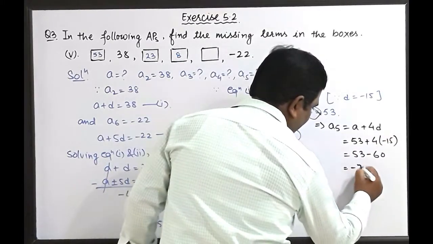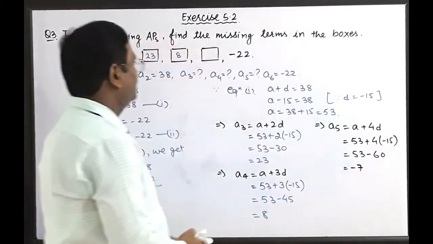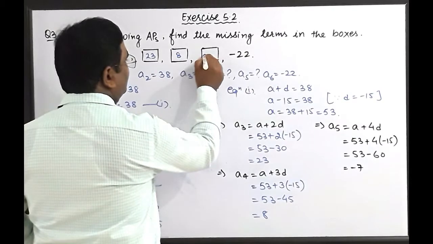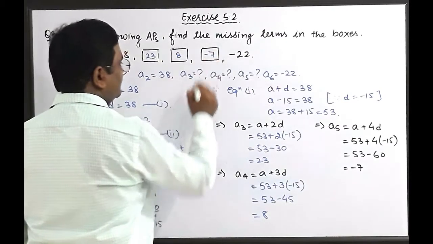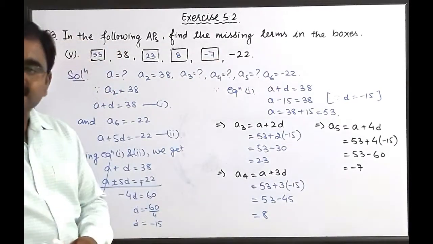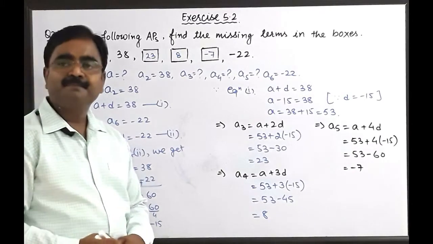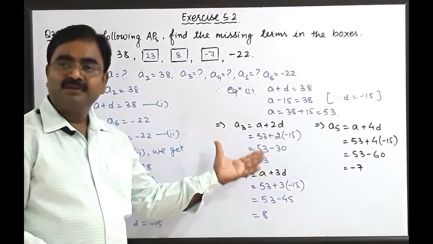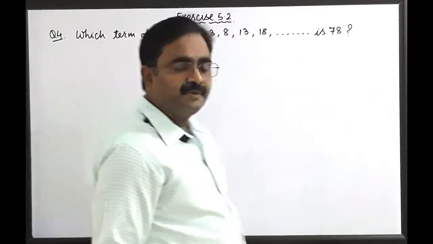So this is minus 7. Therefore the fifth term is minus 7, our answer. Okay children, see the solution carefully and solve it.